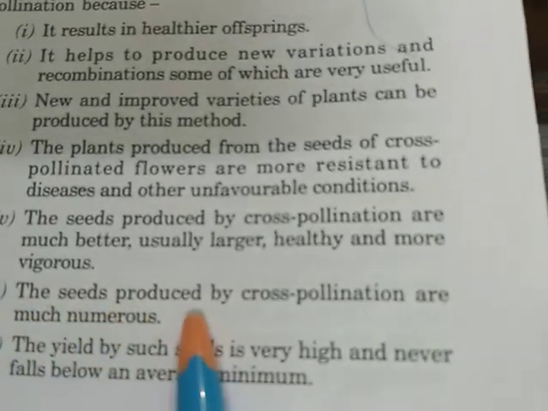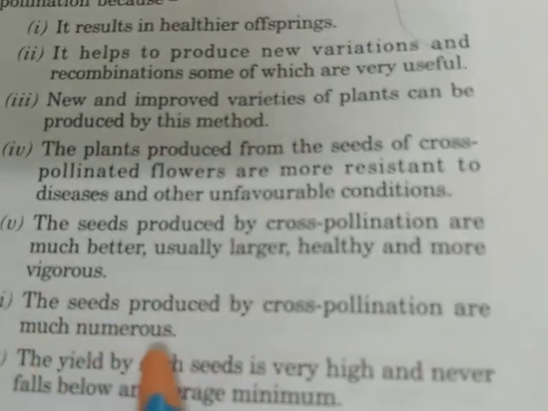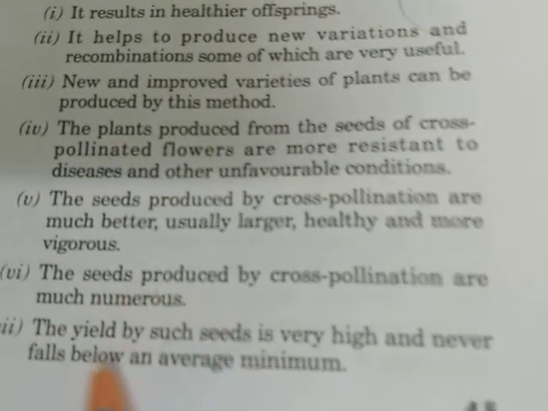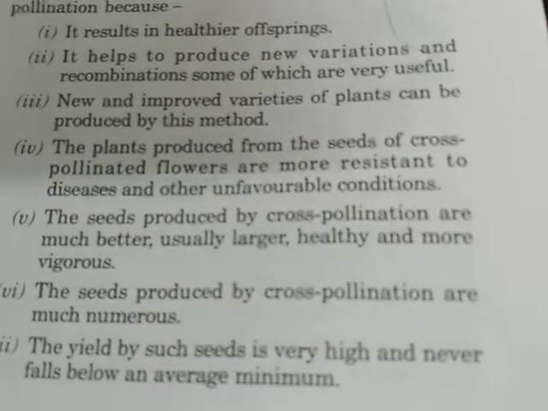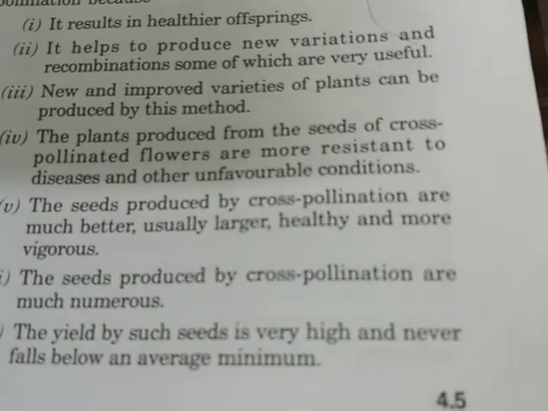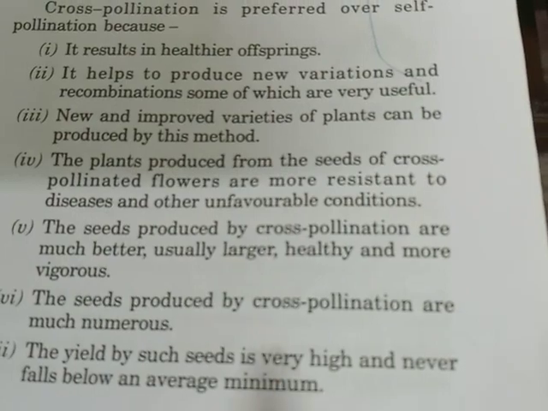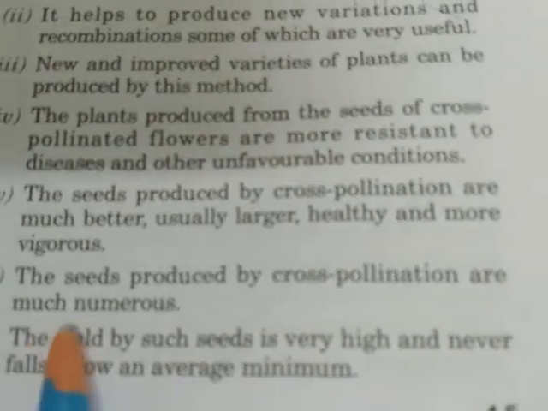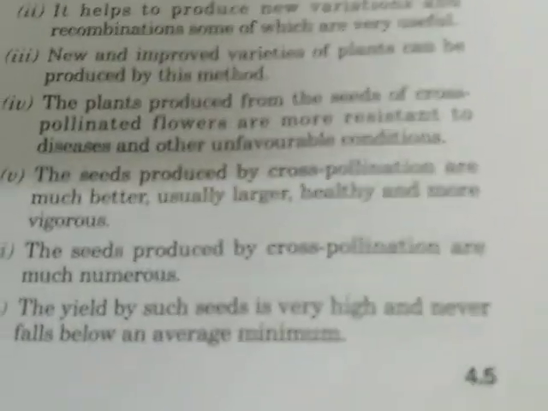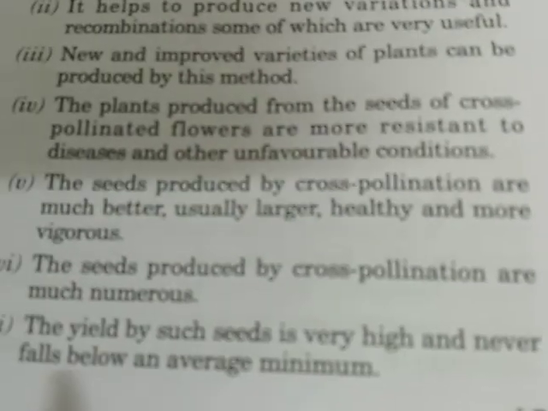The seeds produced by cross pollination are much more numerous. As you have seen, in cross pollination a lot of pollen grains are wasted, but the seeds produced by cross pollination are much more numerous.